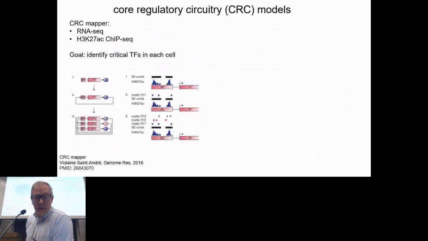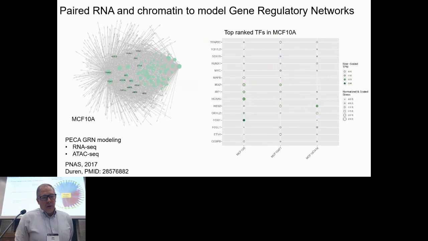I'm showing the global network here, highlighting some of the top transcription factors in this network. We can visualize the transcription factor activity with this dot plot showing both its stress score in the network as well as its expression levels. This PICA analysis provides a statistical comparison, a differential network analysis that can highlight key changes in transcription factors that are different between cell states.